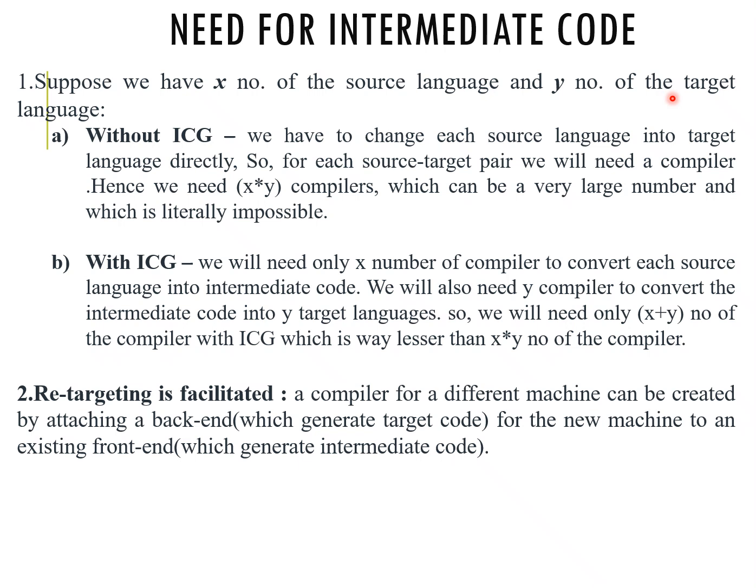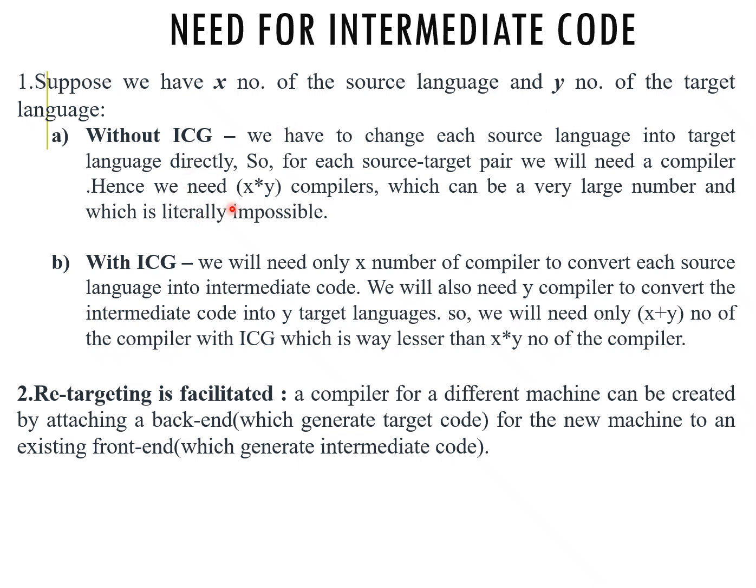When my first C program needs to be executed on machine 1, I will need a separate compiler for it. Now my same C program, when I am trying to implement it on the second machine, I will need a new compiler again. Similarly, the same C program, when I am trying to execute on my third machine, I will need a new compiler. Thus, for one language, the number of compilers required is 3.